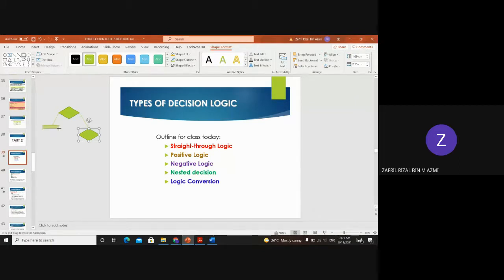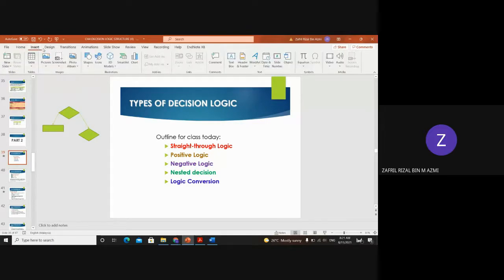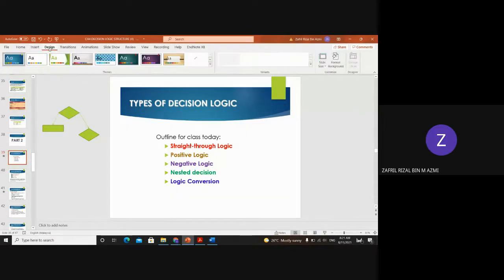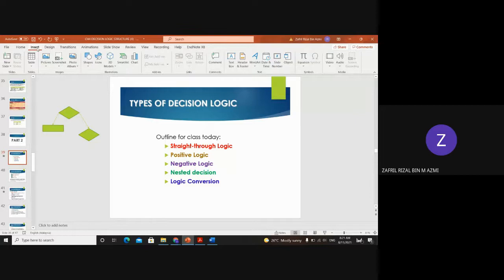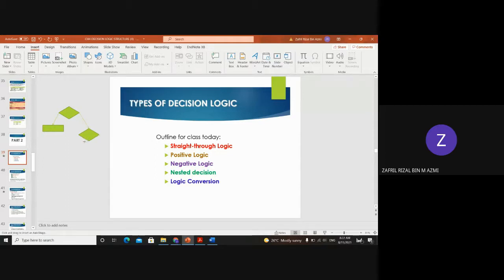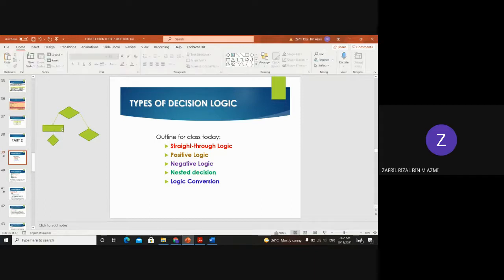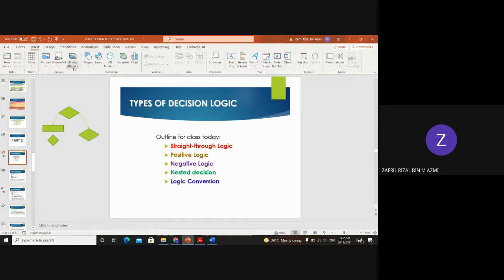The statement can be calculation, can be inputs, can be another decision but not in the same set. For example, this one, but it is not in the same set of decision. Then we put it in true. This is true, this is true, this is false.